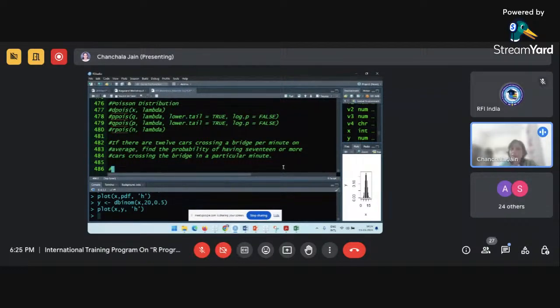The meanings are the same, whether you use dbinom, dpois, or maybe ppois, qpois. Which function will we use here?